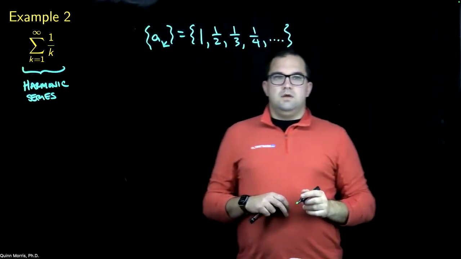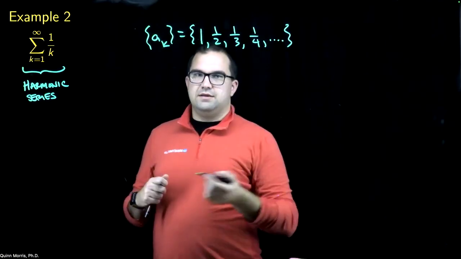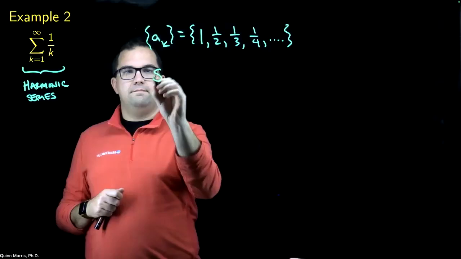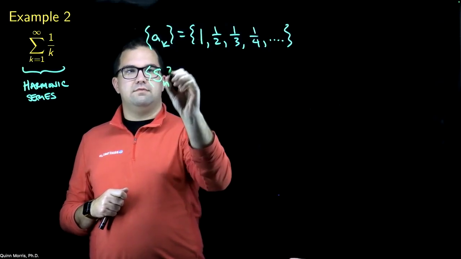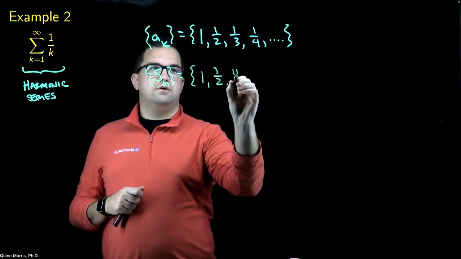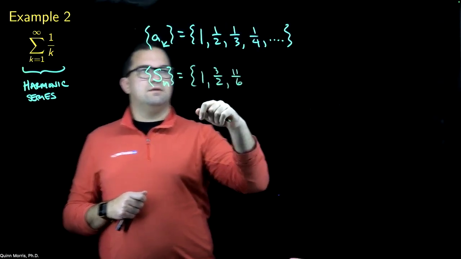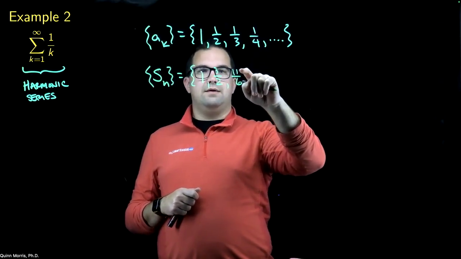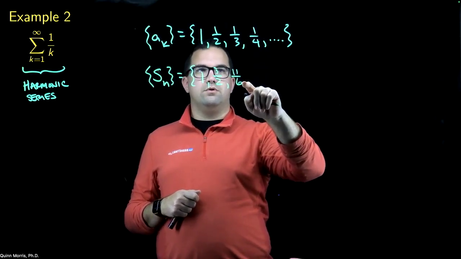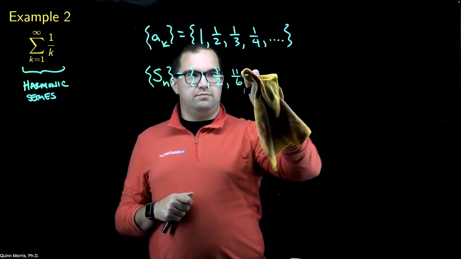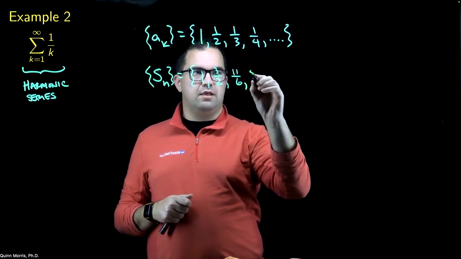As we saw before, I could start thinking about the sequence of partial sums. When I did that earlier, we get 1, we get 3 halves, we get 11 sixths. Then you could add a fourth, so this would be 44 24ths plus 6 24ths, which is 50 24ths or something like that.